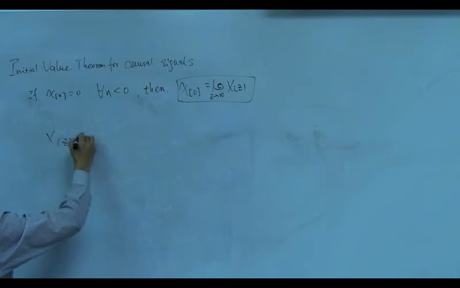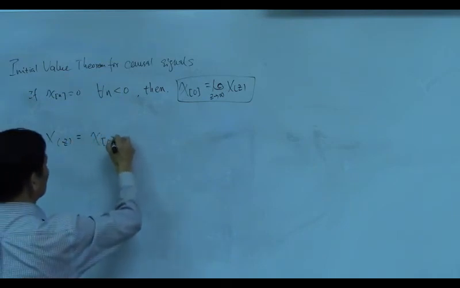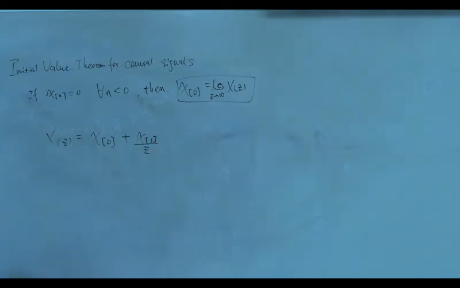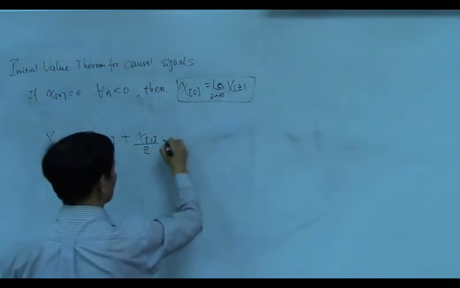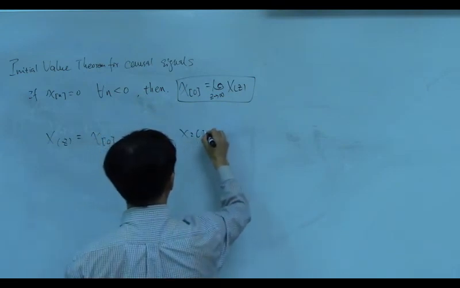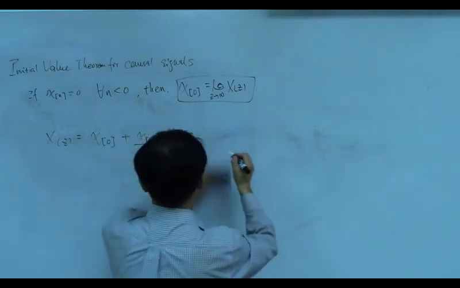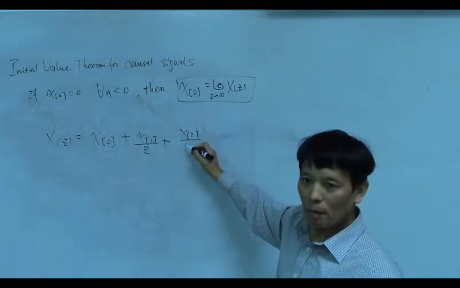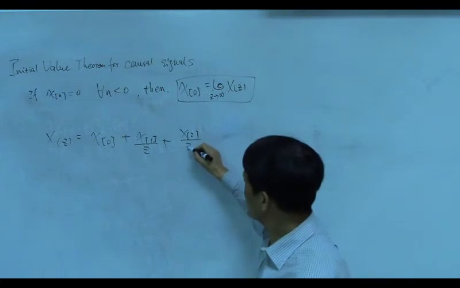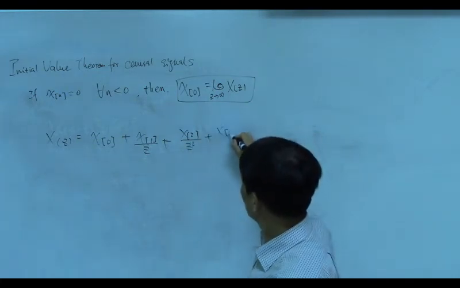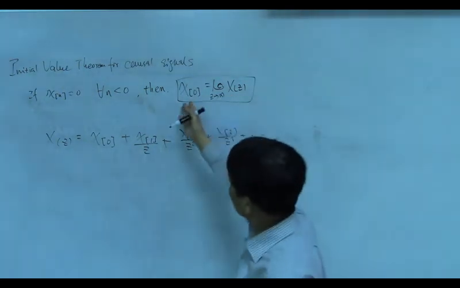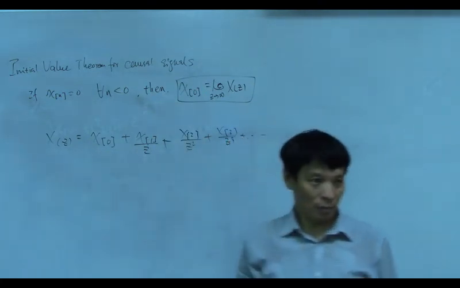X(z) equals x0 plus x1 divided by z plus x2 divided by z squared plus x3 divided by z cubed plus and so on. Right? That's the definition. And by the initial value theorem, we already calculated this one.